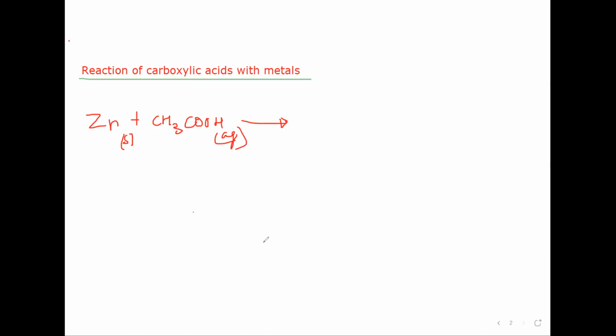And then you can write the name of the product also. Miss, zinc is 2 plus, right? Yeah. Okay, I'm done. Can you send me the notes? All the notes from carboxylic acid, yes.